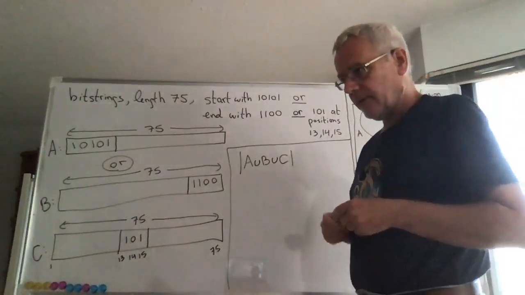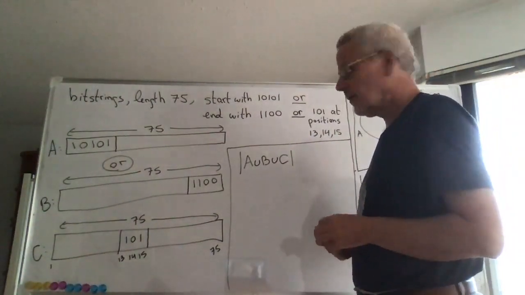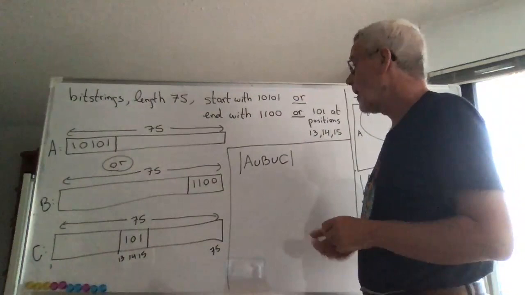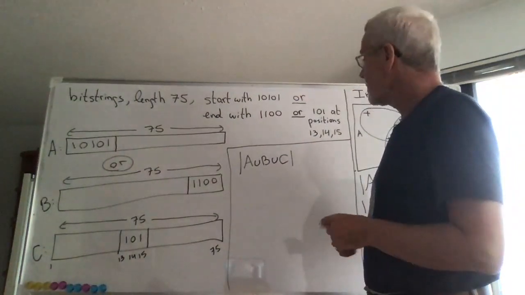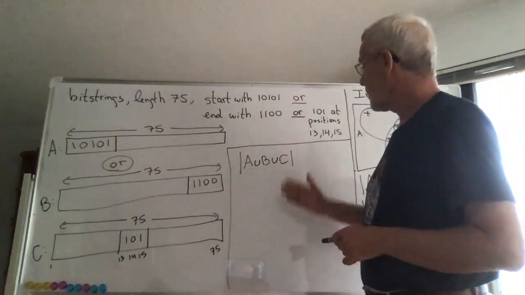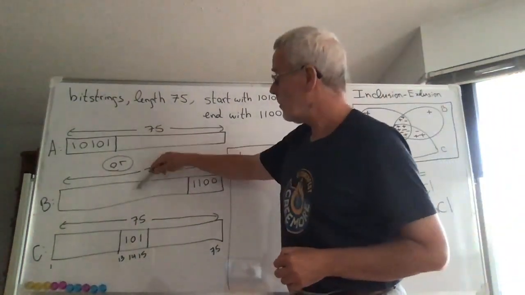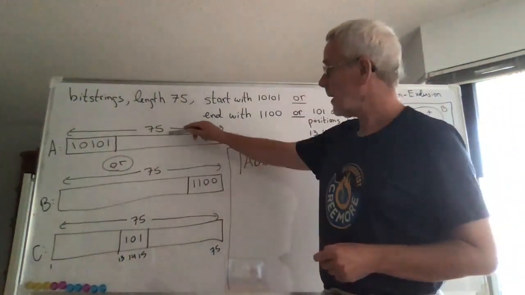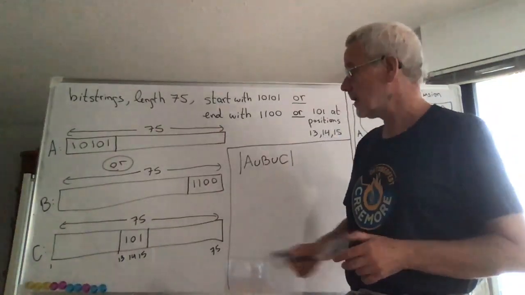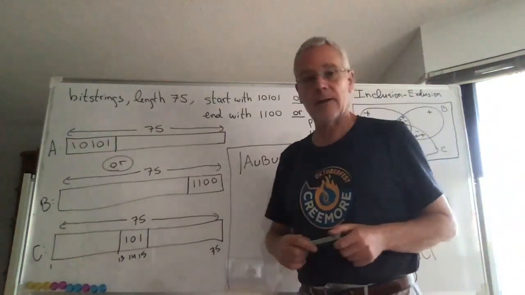Okay, so we have 3 sets, A, B, and C, and we want to determine the size of the union. As for the previous example, where we only had A and B, observe that A and B share strings, A and C share strings, and B and C share strings.